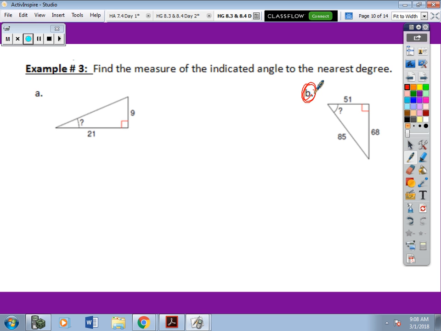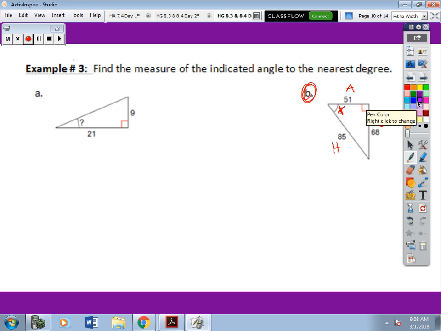So just like with the angles yesterday, kind of ignored the other angle. Just pick 2 of them. It doesn't matter which 2 you pick. If you want, you could do all 3 of them. You will get the same answer no matter which trig function you use. But whenever it has the question mark, you might want to put an x there just to have a variable. So this would be my opposite, this would be my adjacent, and this would be my hypotenuse.